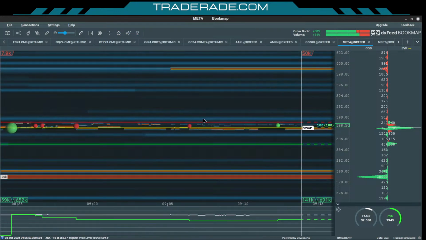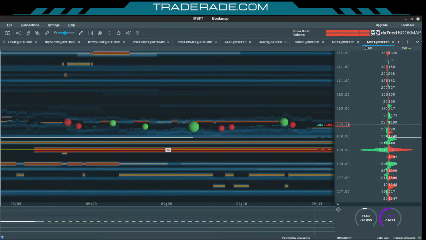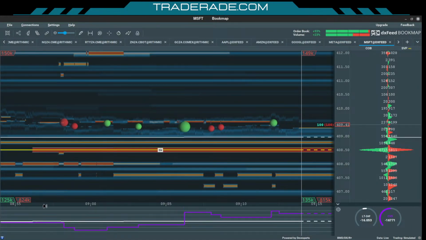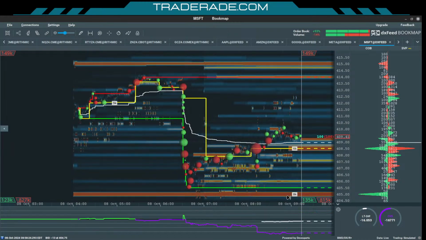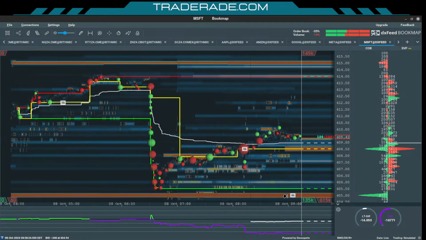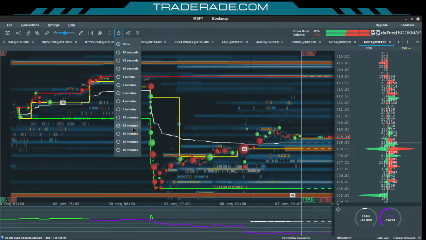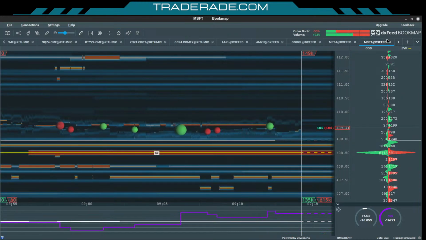This one has been having a pretty incredible run this year, though, so perhaps it needs to catch its breath. And Microsoft ahead of the open, actually not looking good at all. Maybe there was some news here on this one, but we saw that bit of a gappy downward flow earlier. So we'll be watching Microsoft with some level of interest.